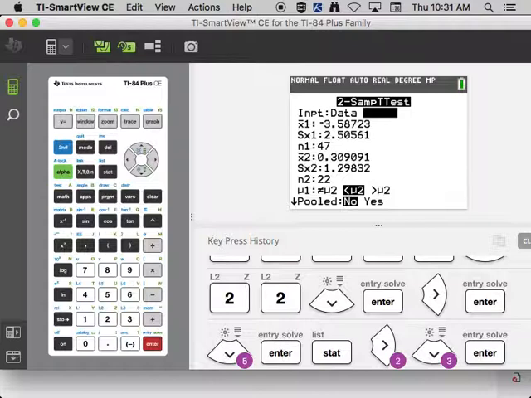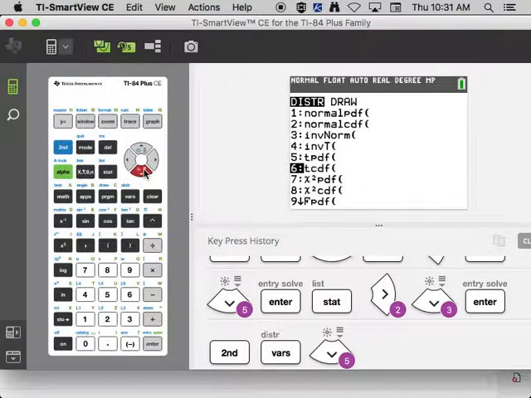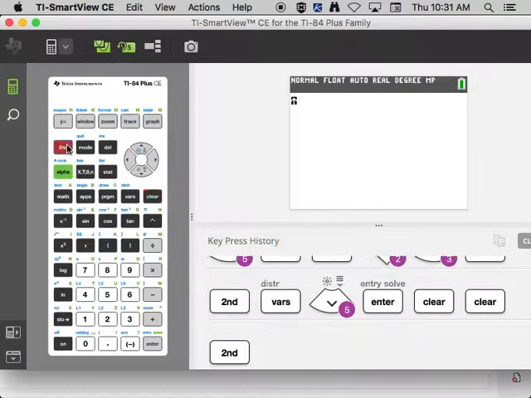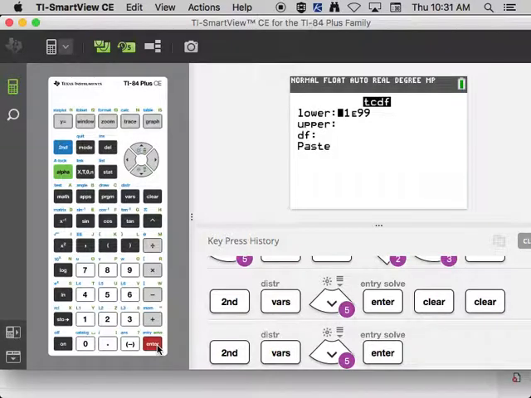All right, tcdf. This one is angled downward, isn't it? Isn't this one angled negatively?